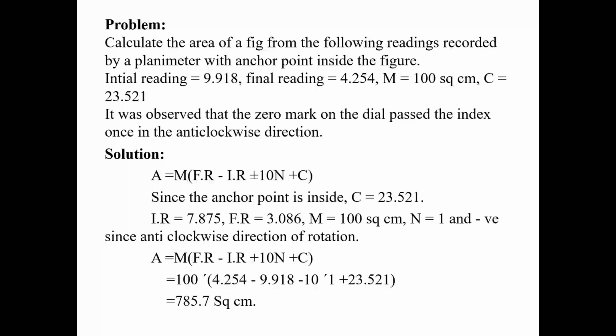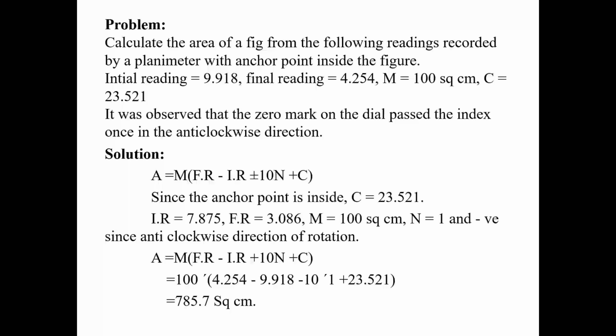The initial reading is 9.918, the final reading is 4.254, M is 100, C equals 23.521. Here C exists because the anchor point is inside the figure. It was observed that the zero mark on the dial passed the index once in the anti-clockwise direction.